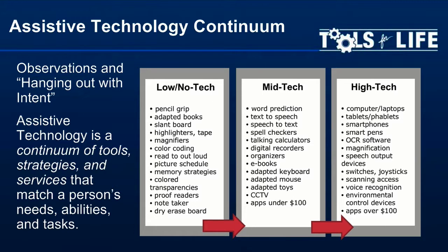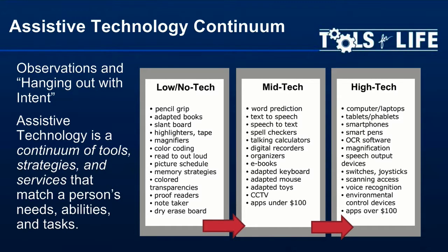We often say that we are doing these observations by hanging out with intent. We try to avoid some of the terminology of observations or case studies or, this is our client. We really and truly are spending time with the individual. We're observing them, we're having conversations with them, we're really paying attention to how they maneuver in their environment and what assistive technologies would be best to help them be more independent.